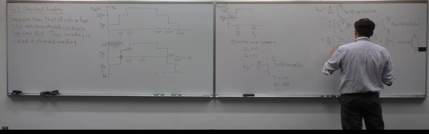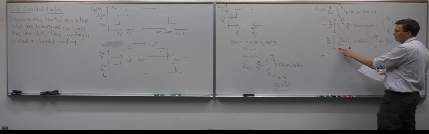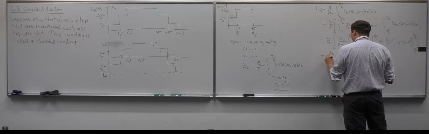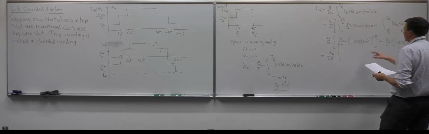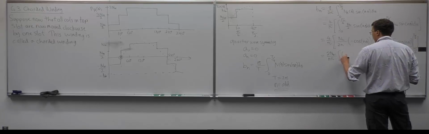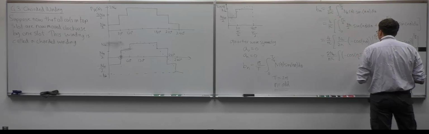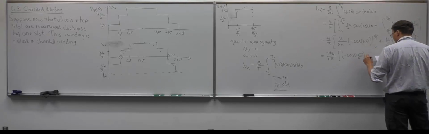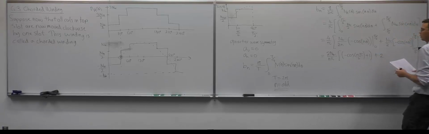So what I'm going to do is take out a 2, since this has got a 2 in it, and I'll take out the nw. So we have 2 nw divided by n pi, and then substituting in, we have minus cosine n pi over 6, and then we've got 0, minus gives a plus, so we have plus 1, and then the second term is plus 2.